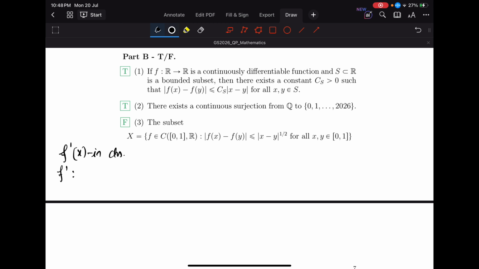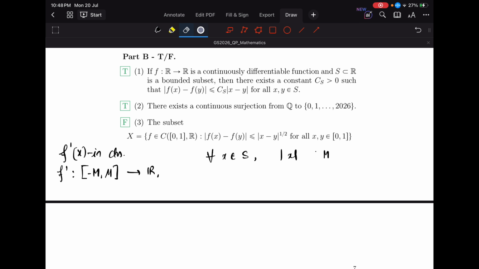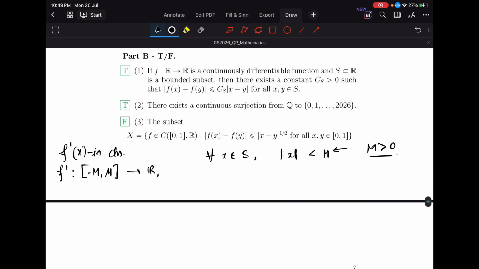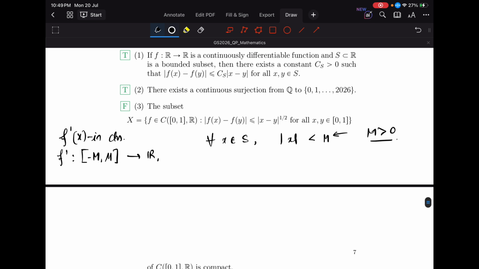Now we can restrict f prime to minus m comma m. What is m? As S is bounded, it is true that for all x belongs to S, mod of x is less than or equal to m, or strictly less than m. There exists some positive real number, because this is bounded. Now we use the mean value theorem.